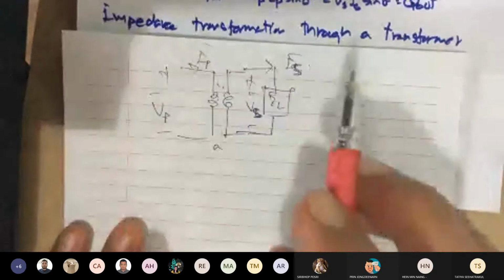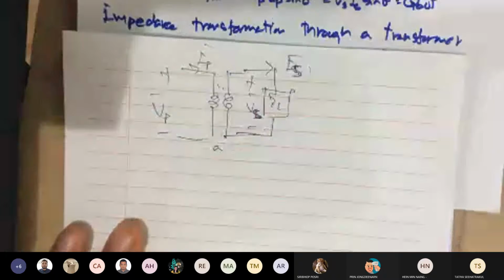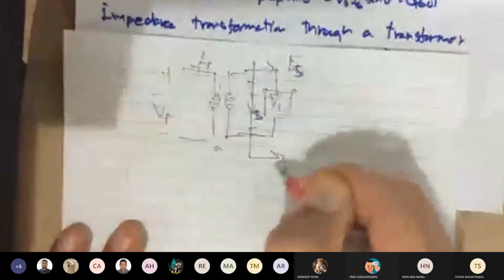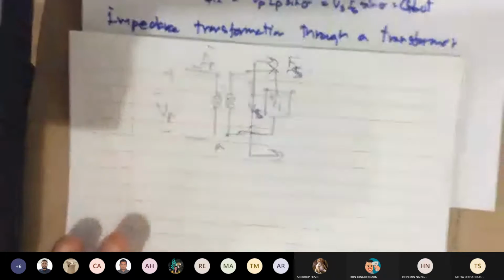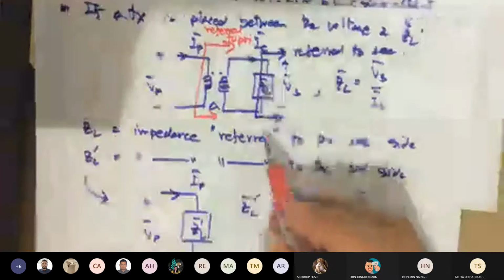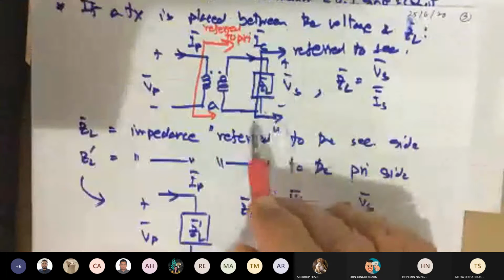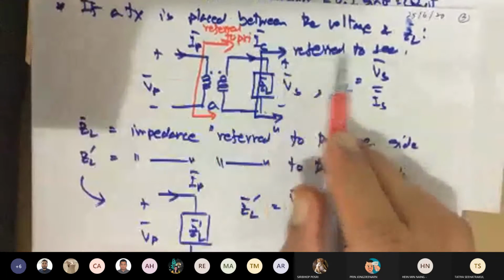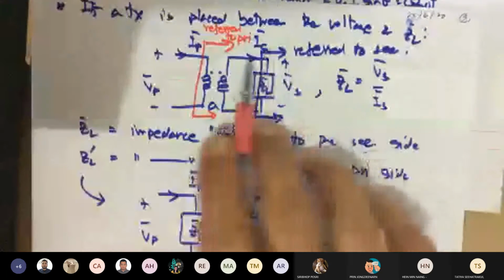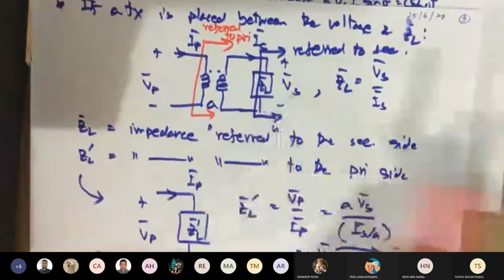Okay. Now, if I'm looking at it from the blue line, the blue line in your notes, shown here. The blue, this is what we call refer to the secondary side. You're on the secondary side. Okay.